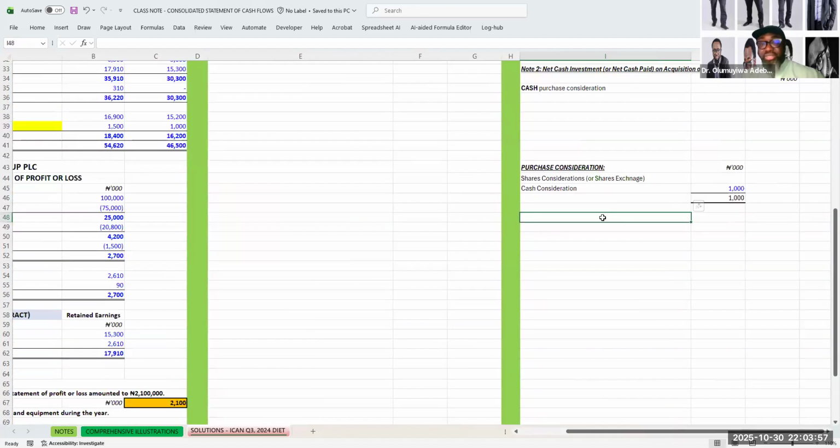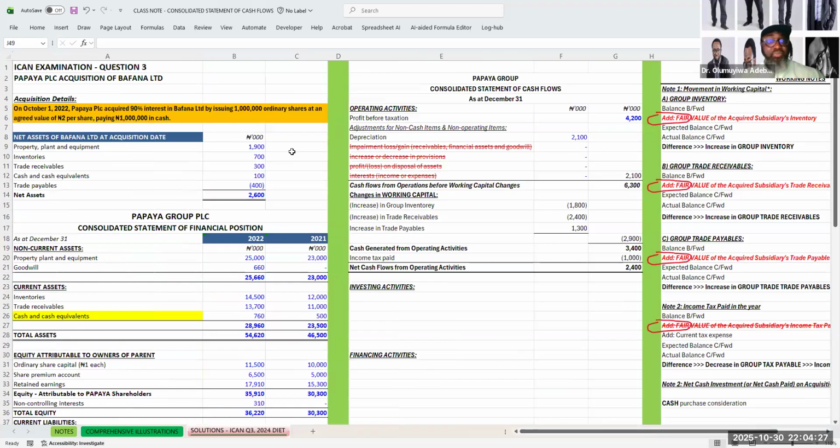Therefore, our share consideration is the number of shares offered in exchange for the acquisition, which, if you go back, is 1 million ordinary shares.